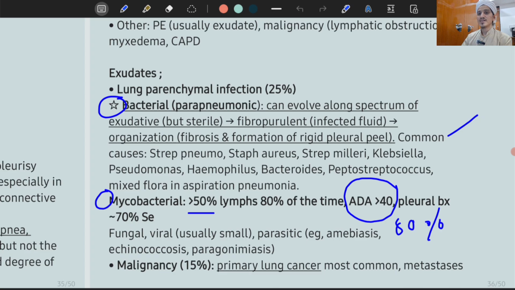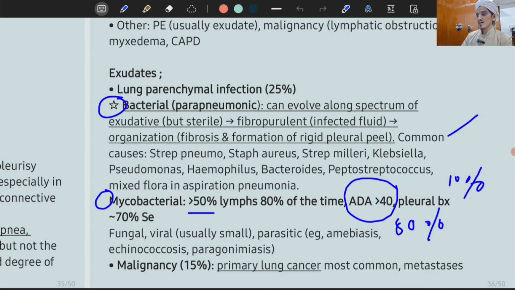Most of the time when there is pleural effusion due to tuberculosis, you will not find acid fast bacilli on staining, because it is findable only in 10% of cases when you stain it.